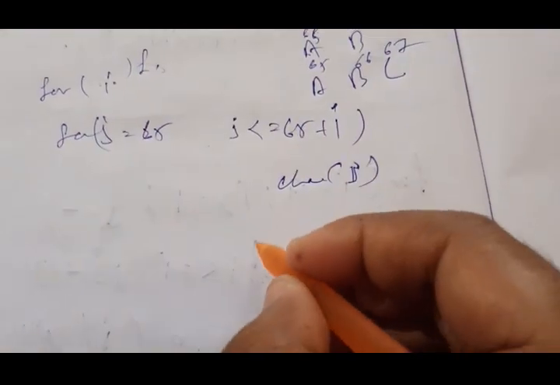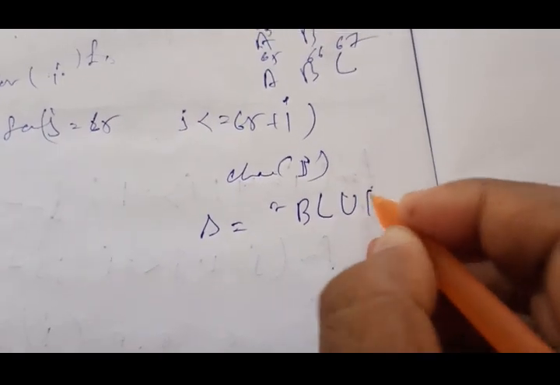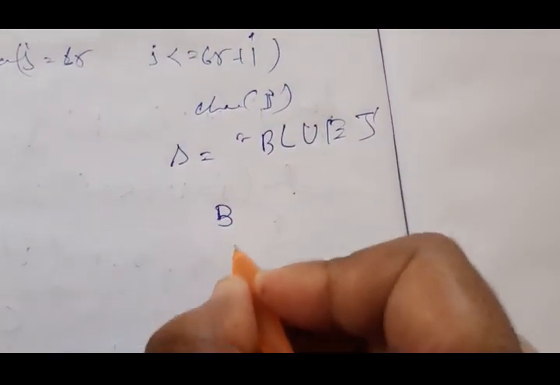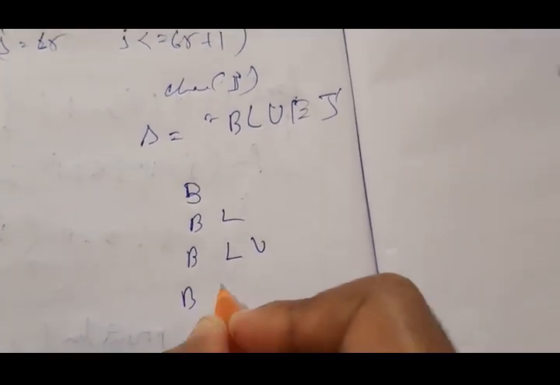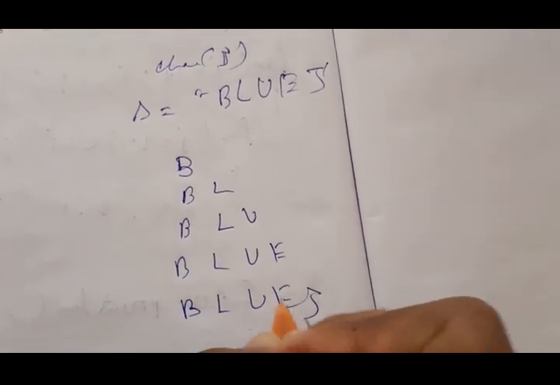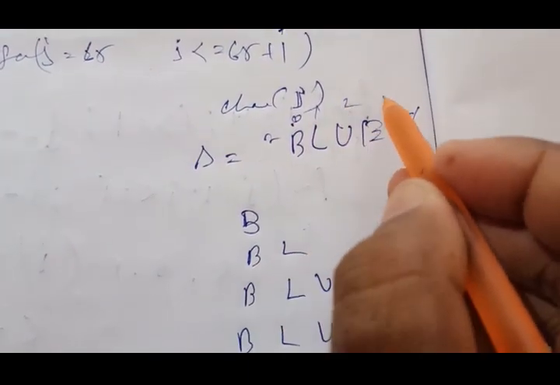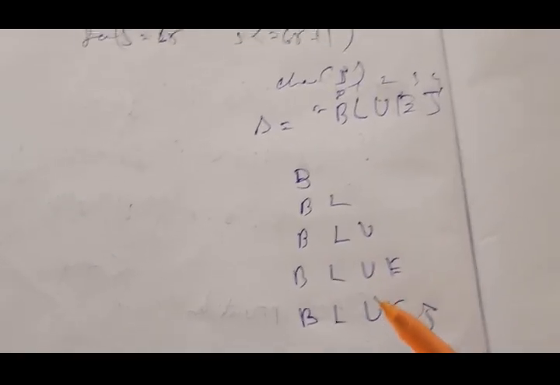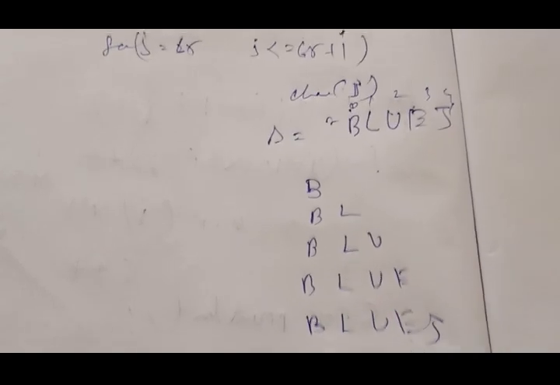For example, suppose you have S is equal to BlueJ. If you get the pattern this way, B, BL, BLU, BLUE, BLUEJ. For this case, as all of you know, 0 1 2 3 4 are the positions. So in these cases you start counting from the 0 position.